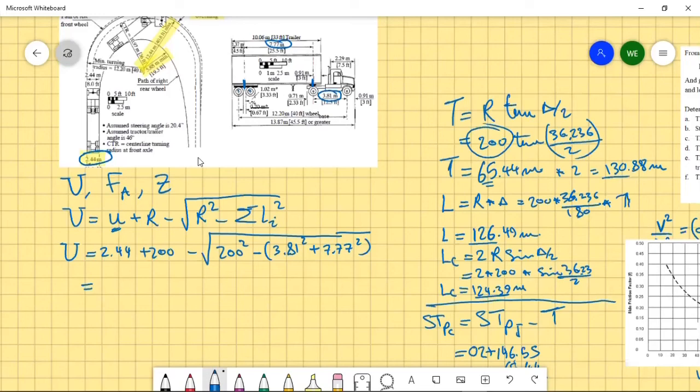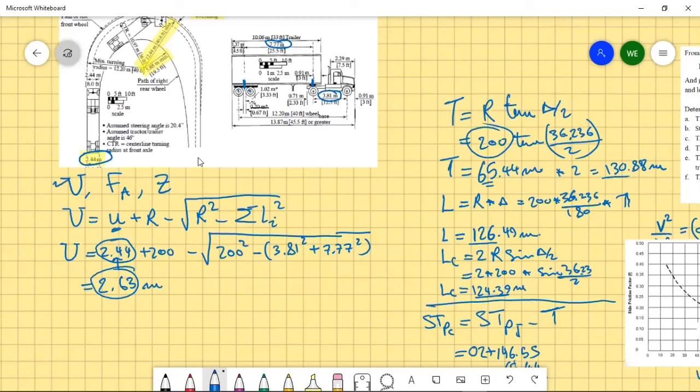So this will be 2.63 meters. See now the difference? On a straight line, the wheel track is just occupying 2.44 meters. On a curve, it will occupy 2.63 meters. So there is an increase of almost 19 centimeters. Okay? So that's the first part.